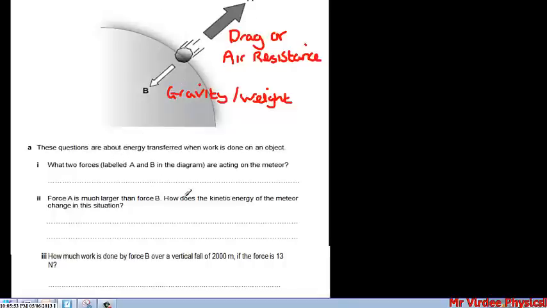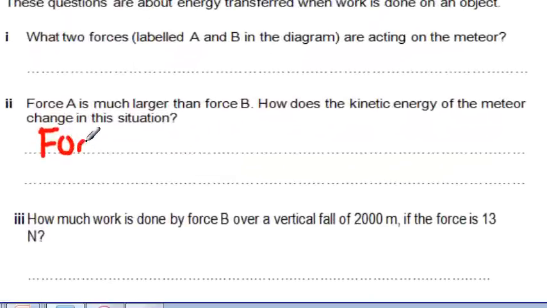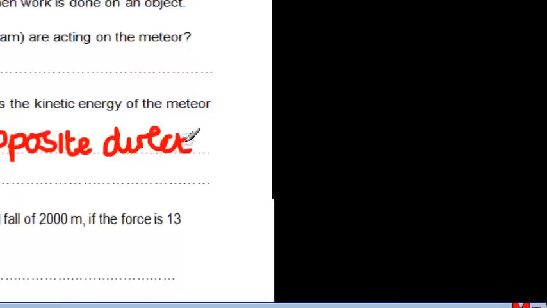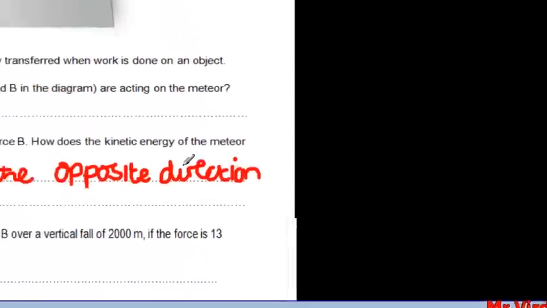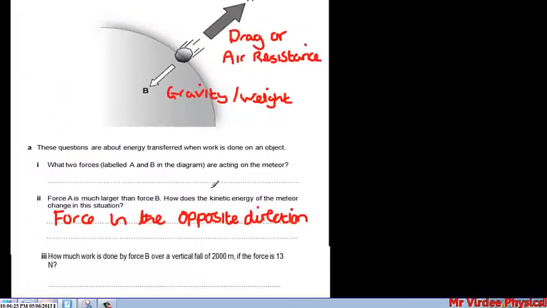It says, how does the kinetic energy of the meteor change in this situation? Well, because there is a force being applied in the opposite direction, we know that that is actually going to slow it down.